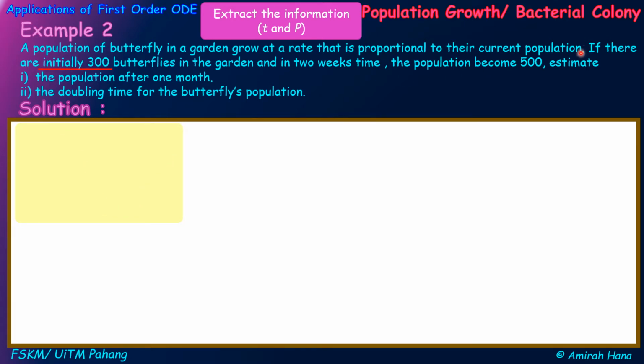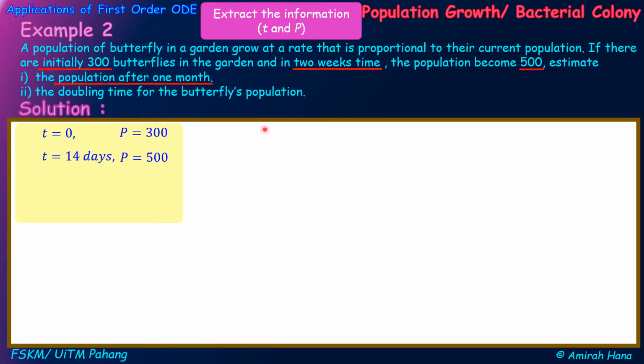If there are initially 300 butterflies, initially means T equals 0 and population equals 300. 2 weeks' time means T equals 14 days, and then becomes 500, so we can write P equals 500.